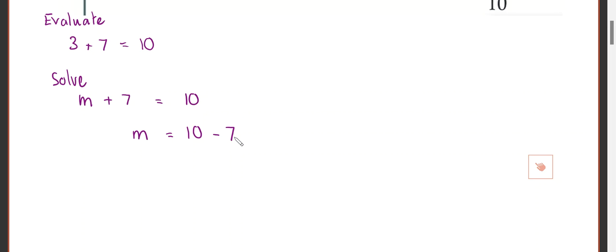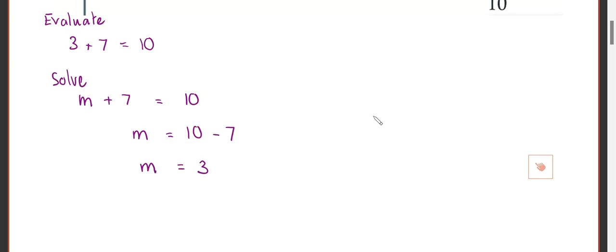So we're working backwards, exactly. I'm trying to say, what must the answer have been before I added the 7? So we can then say m equals 3.